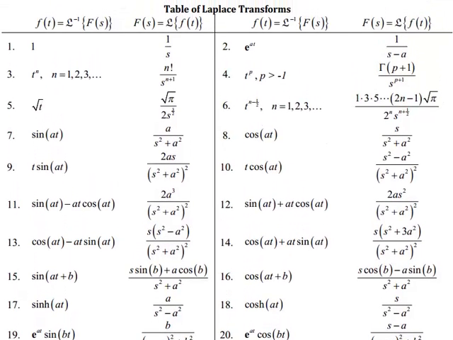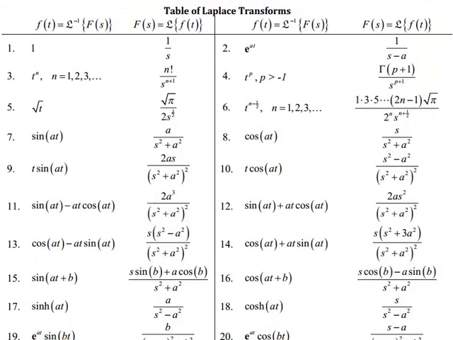Now what we're looking for is the Laplace transform of a constant, and we see that right here in line 1 of this table. It shows us the Laplace transform of the number 1. Now our constant is not 1. However, we've seen with the other Laplace transforms that anytime we have a constant times a function, we just pull that constant out front and multiply that constant by the Laplace transform of the function.